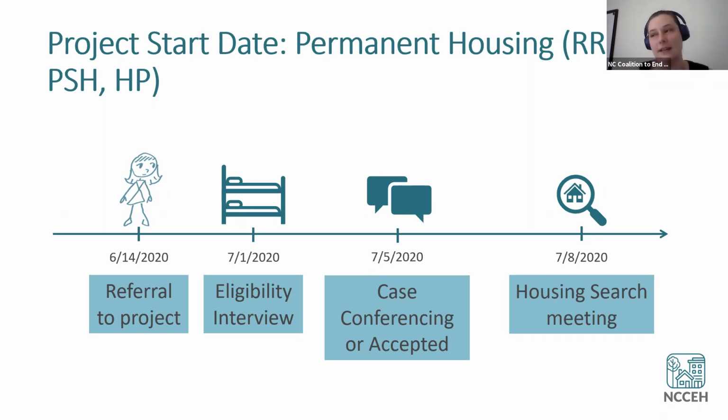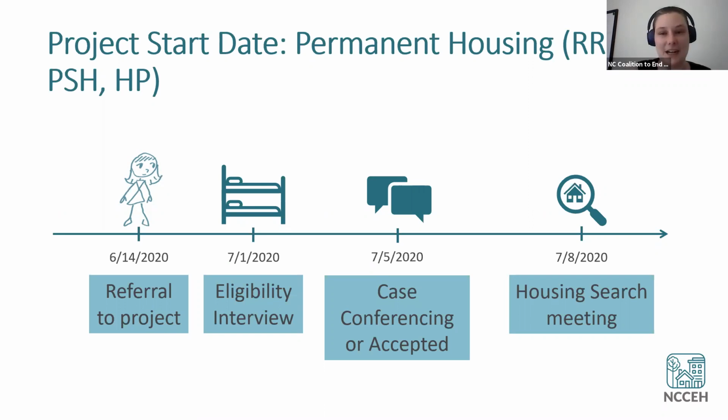I think in this timeline, it was specifically the project because of the case conferencing. There was case conferencing, and this client was accepted. The client previously had an eligibility interview, and part of that was the client accepting.